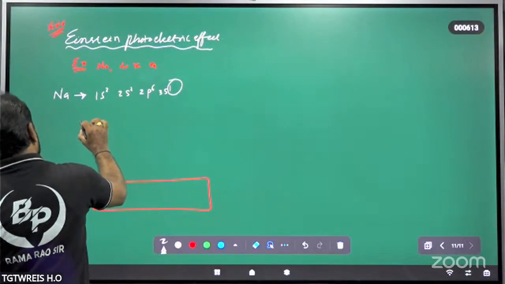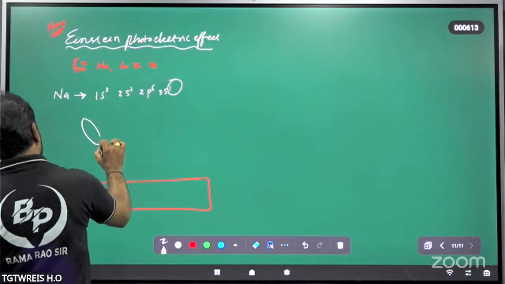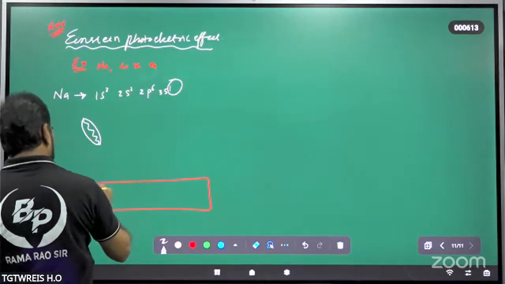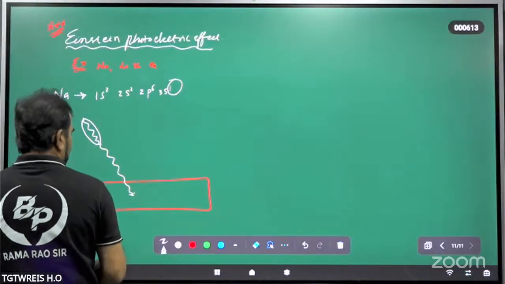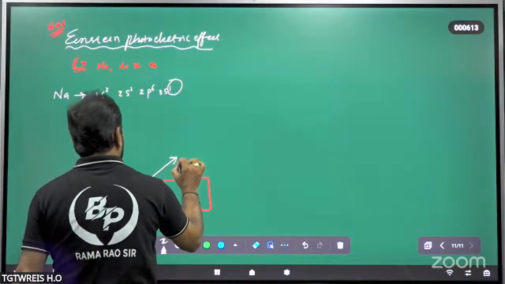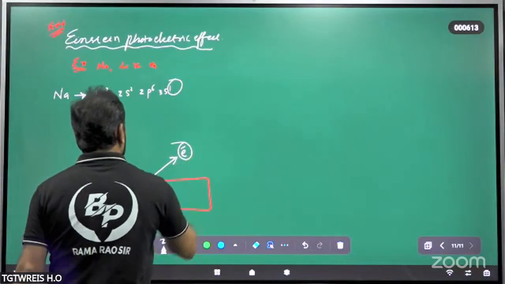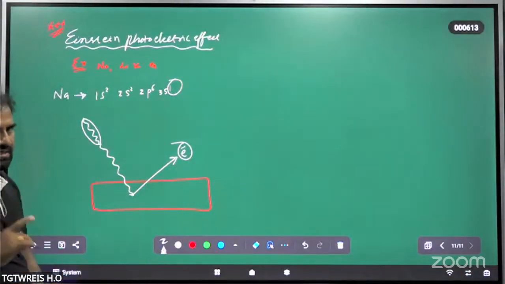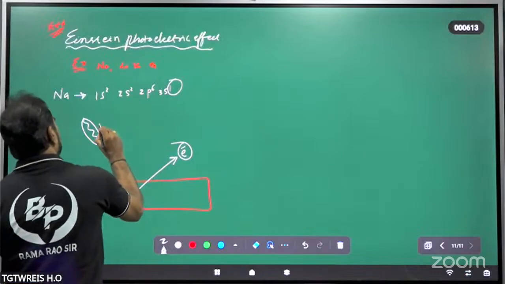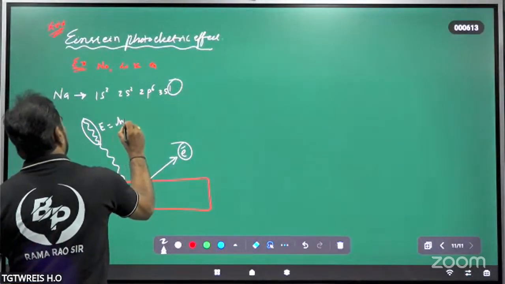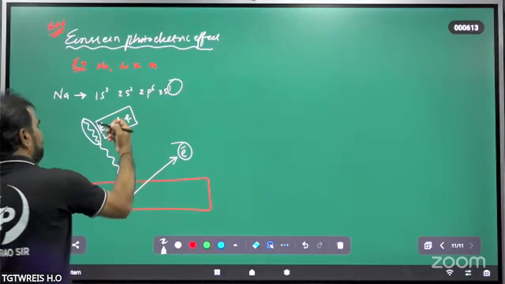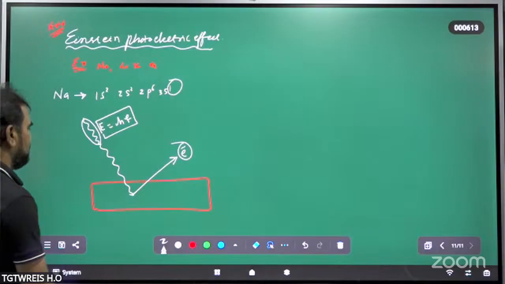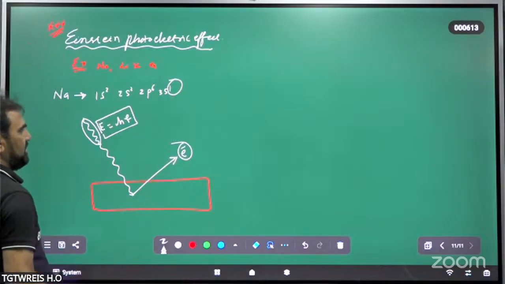When a photon of energy E equal to h nu is incident on the metal surface, electrons are ejected from the metal surface. So this energy E equal to h nu is incident on the metal surface, and electrons are ejected.